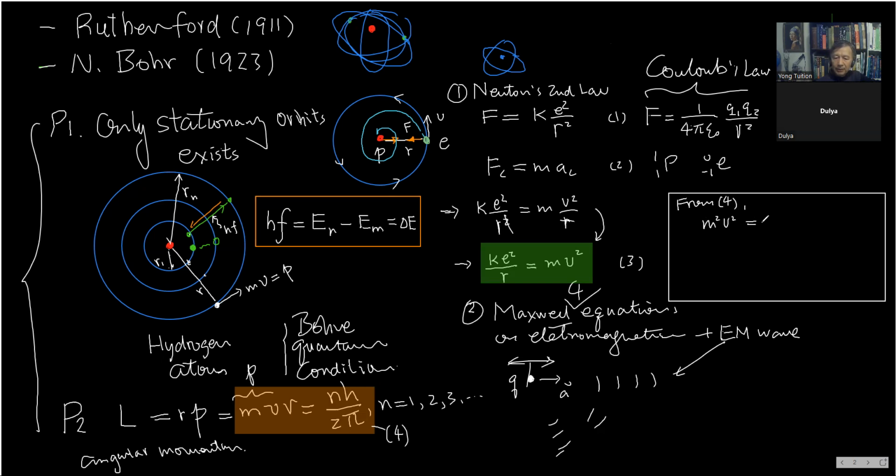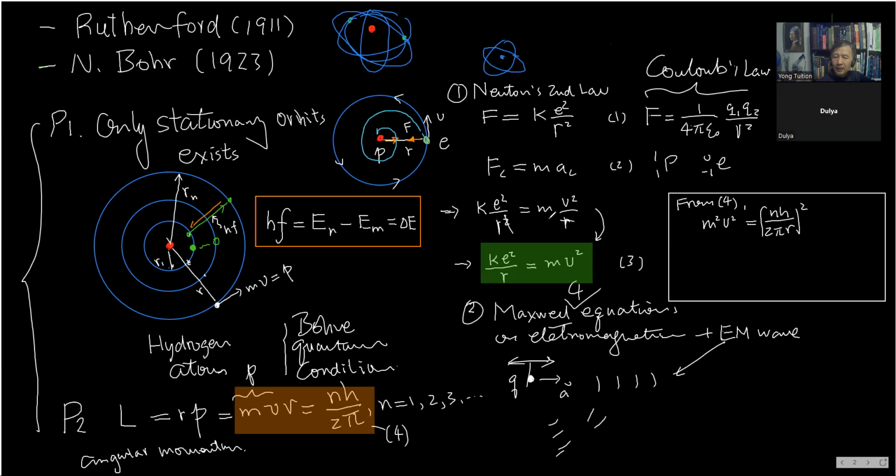We just multiply this one, and the other side will be nh divided by 2 pi r squared. Can you follow me? This is similar to this formula, except there is only one m, right?